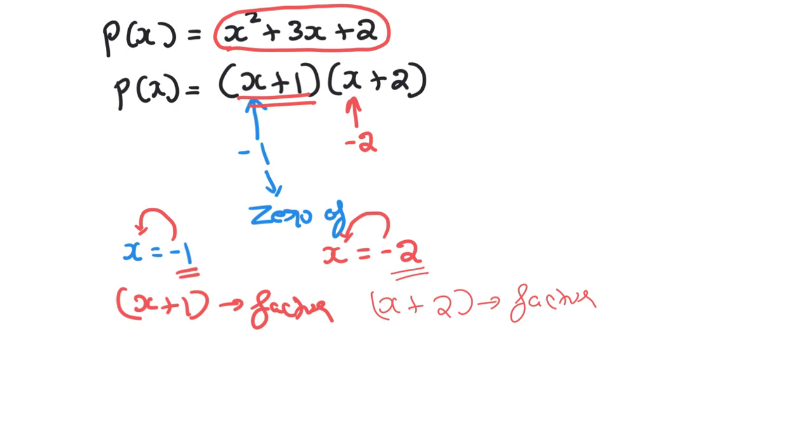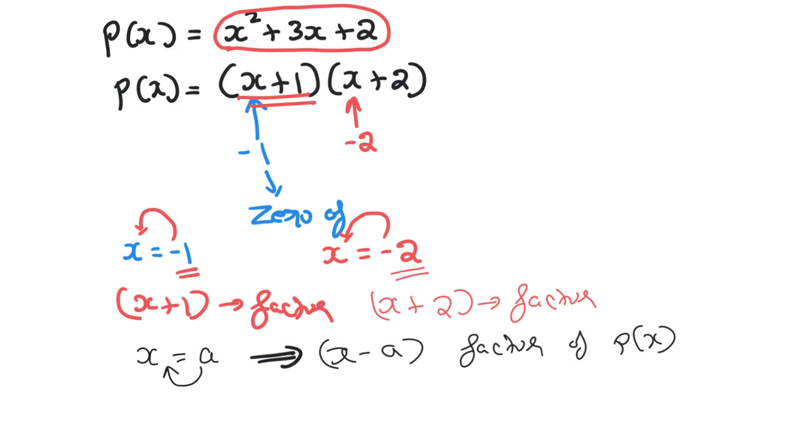Understanding? So, in general, if we make a statement, if x is equal to a, can I say x minus a is a factor of the polynomial? Factor of polynomial p of x.